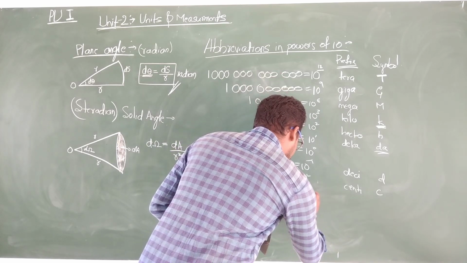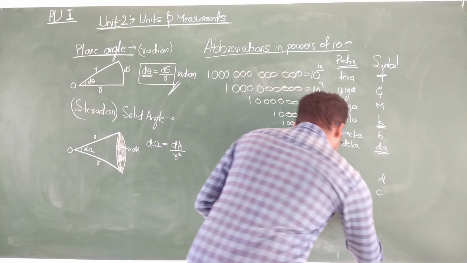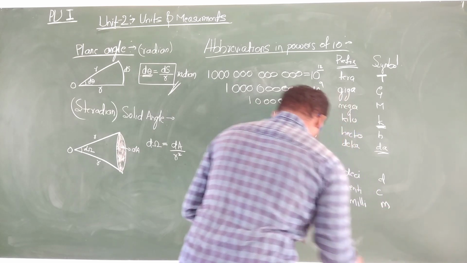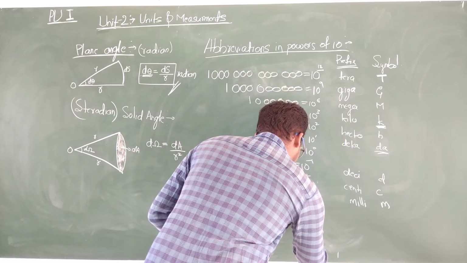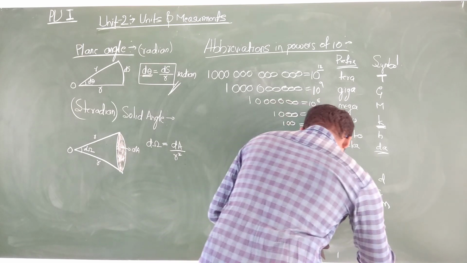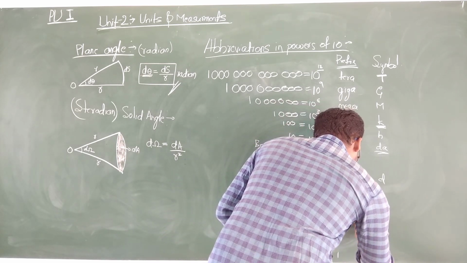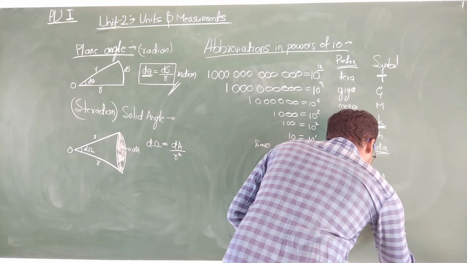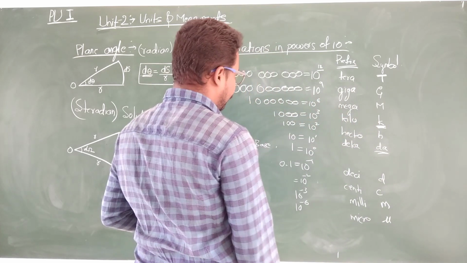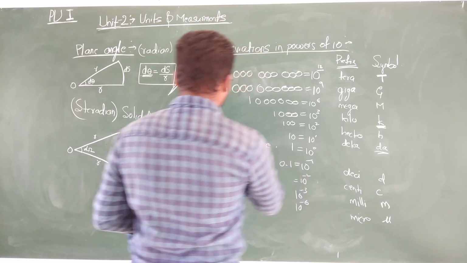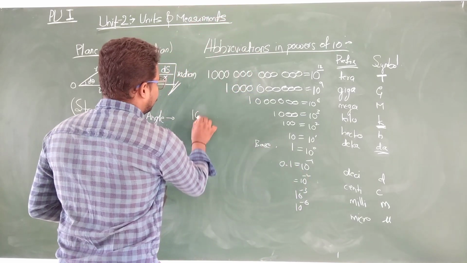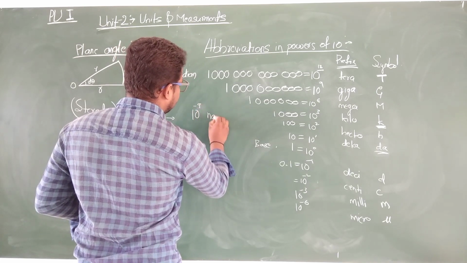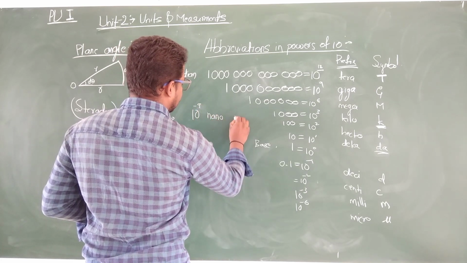Next, 10 to the power minus 3 is milli. And 10 to the power minus 6 is micro. Micro means small, denoted as mu. Then 10 to the power minus 9 is nano, denoted as n.